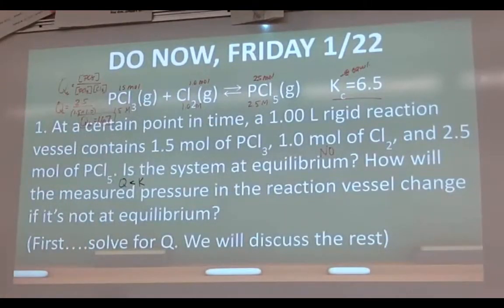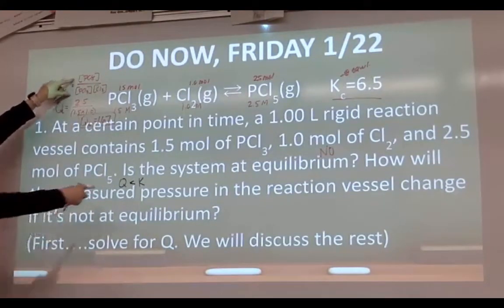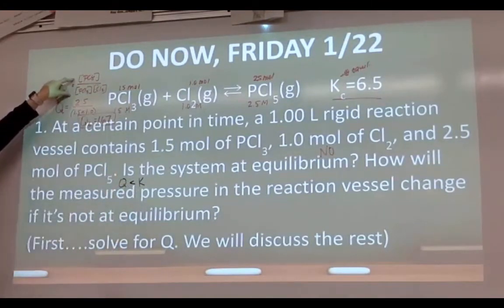I'm going to show you a visual that helps me think about it. If Q is less than K, this ratio is not what it should be to equal 6.5. So you need to think about how to increase the value of Q, because the goal is to get Q equal to K. The goal is to get to equilibrium.